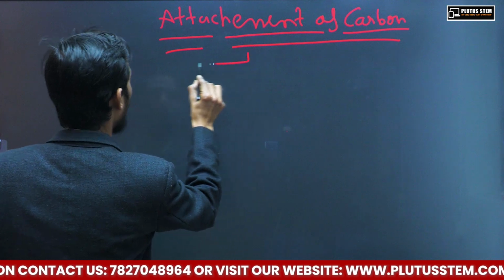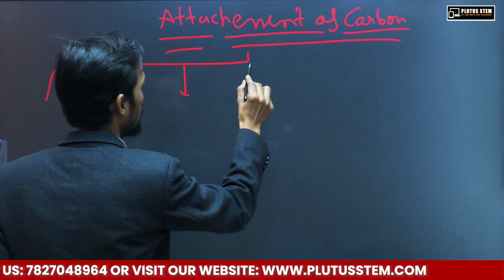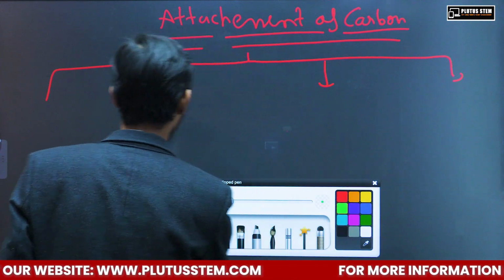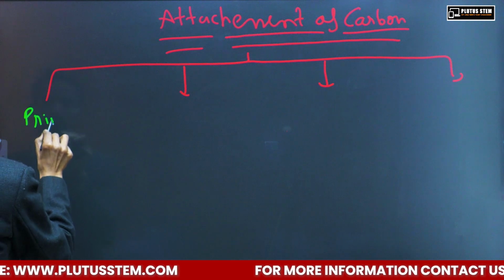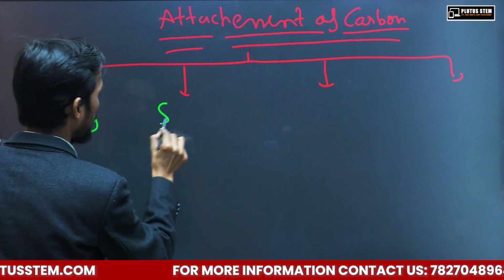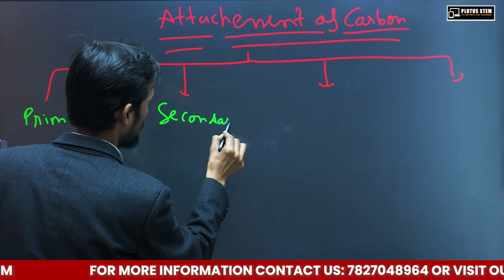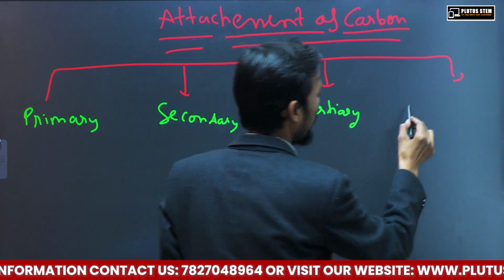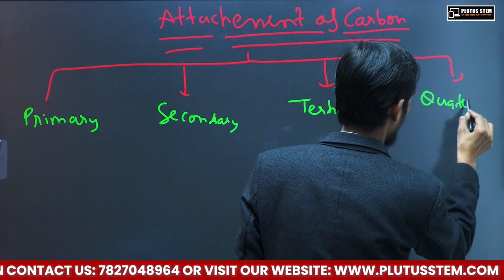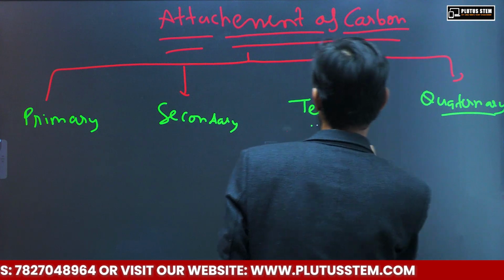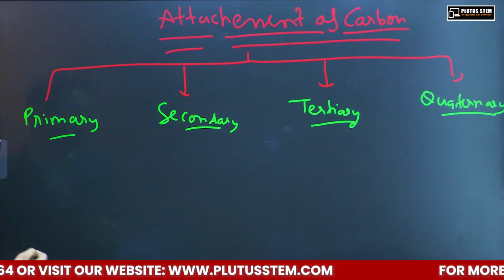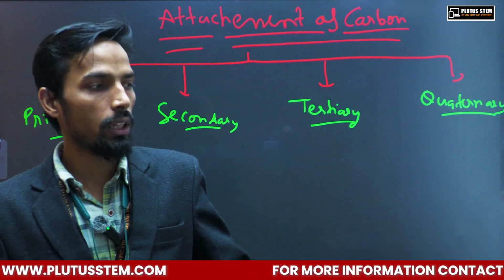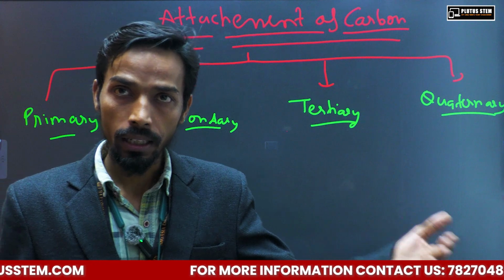So this can be of four types: primary, secondary, tertiary, and quaternary. For these four types of carbon, the carbon we are talking about has to be attached to a certain number of carbons.